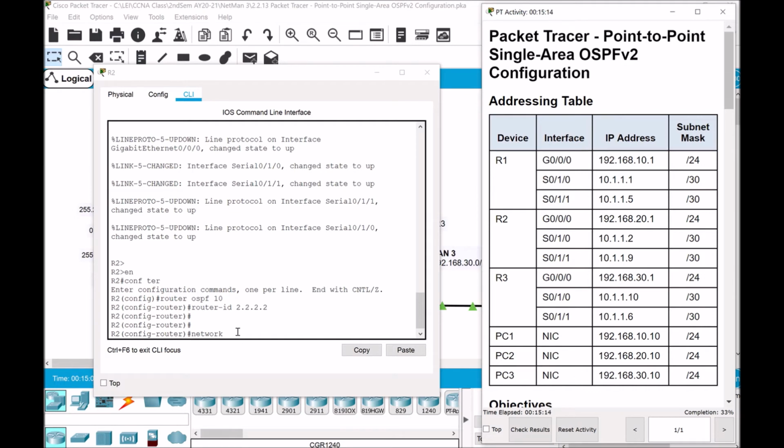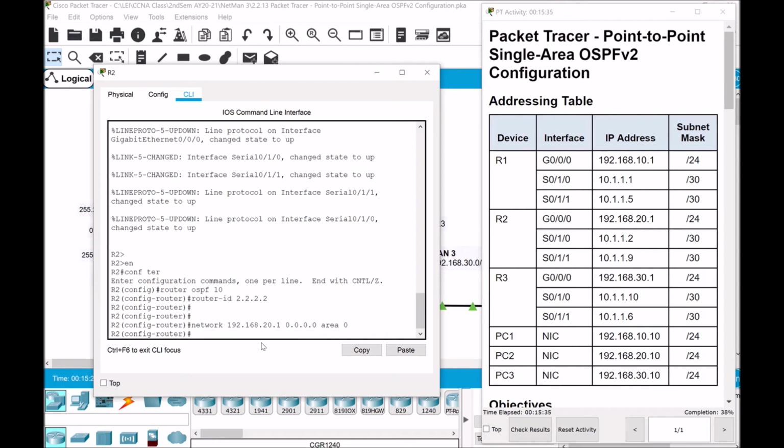So we'll start with 192.168.20.1, and we'll be using the default quad zero mask, so we'll have 0.0.0.0 and then area 0.